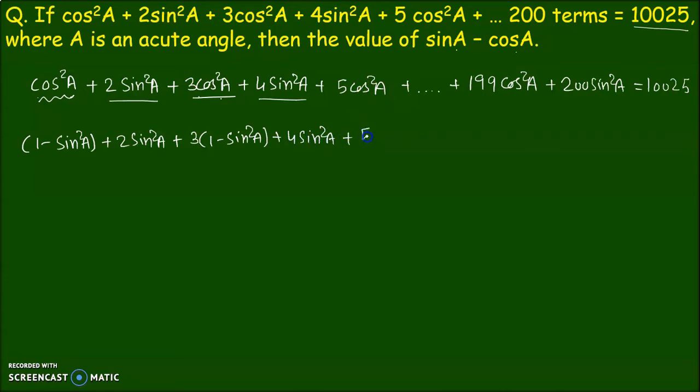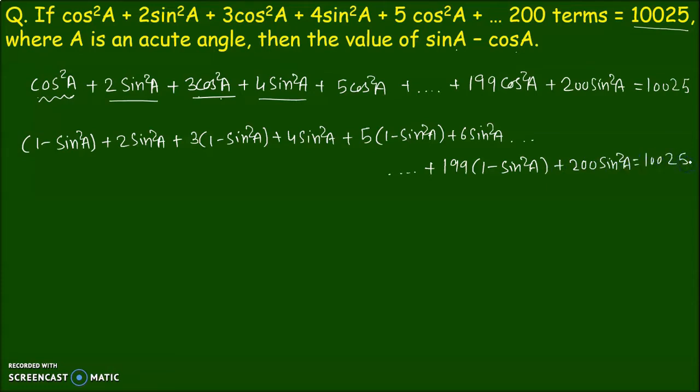The 5 cos square A becomes 5 multiplied by 1 minus sin square A, and the sixth term is 6 sin square A. It goes on like this. The 199th term cos square A we write as 1 minus sin square A, and the 200th term is 200 sin square A, equal to 10,025.